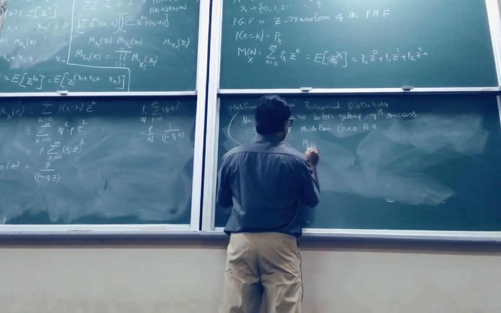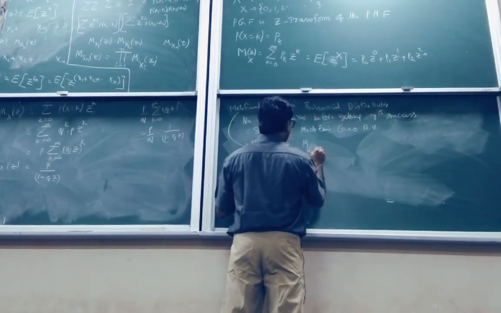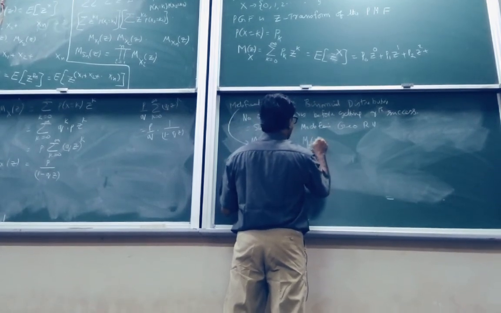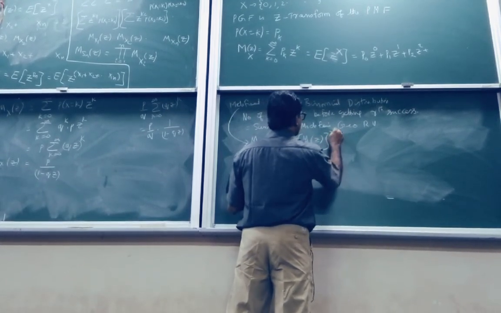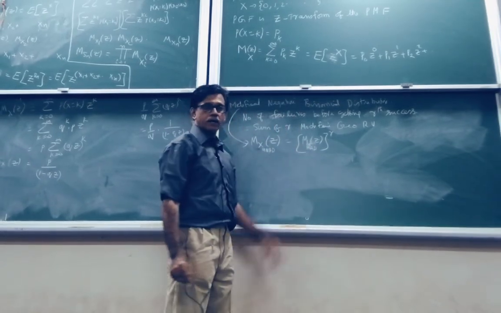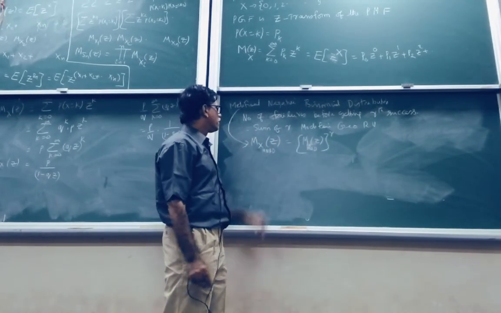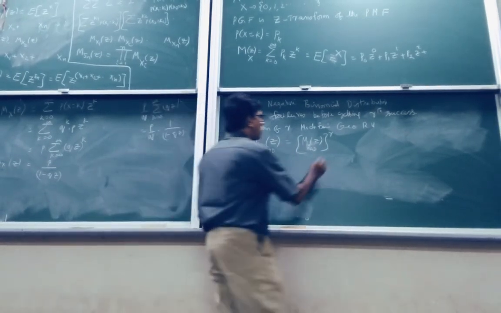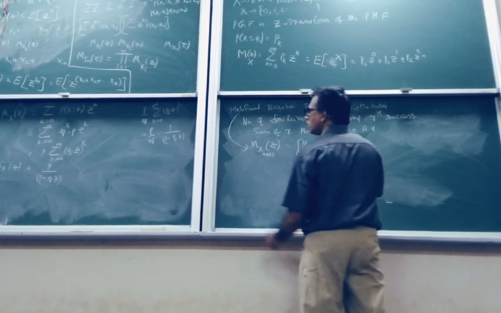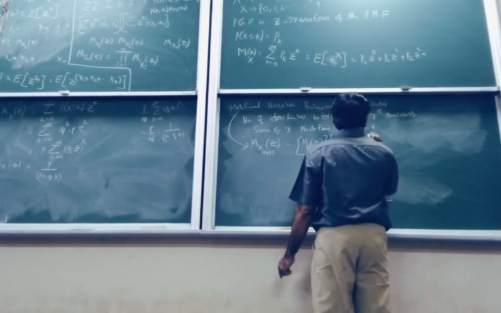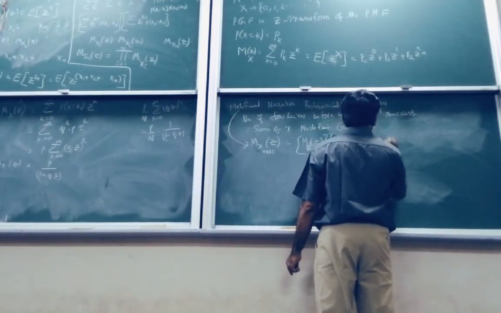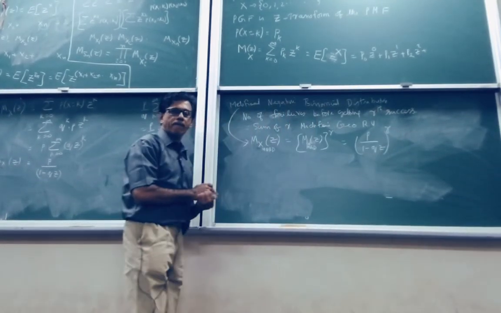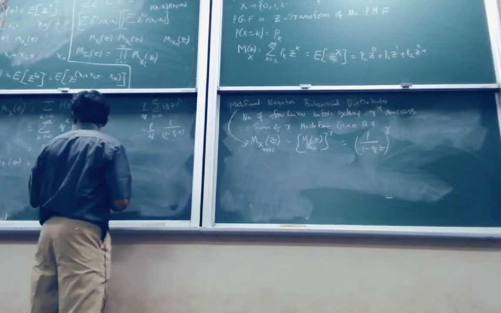This will be the modified negative binomial distribution, the modified geometric distribution M of z power r. To differentiate which X we are looking at, I am using this notation. So what will that be? That will be nothing but p divided by 1 minus qz, the whole power r. Just take the rth power out.